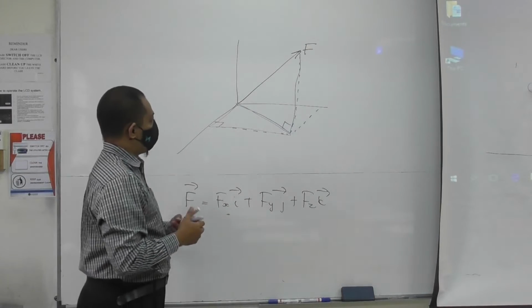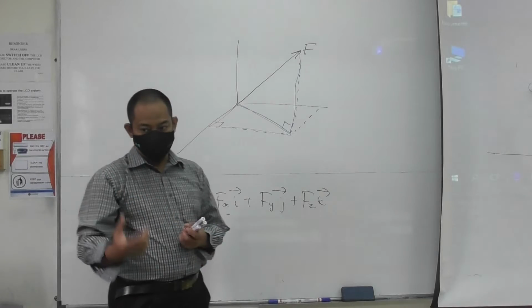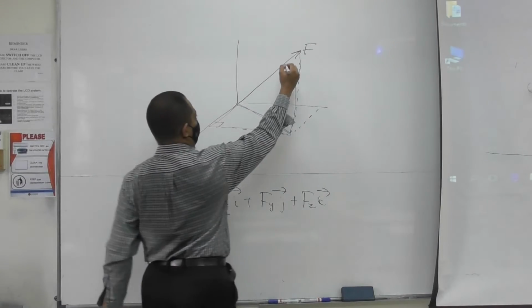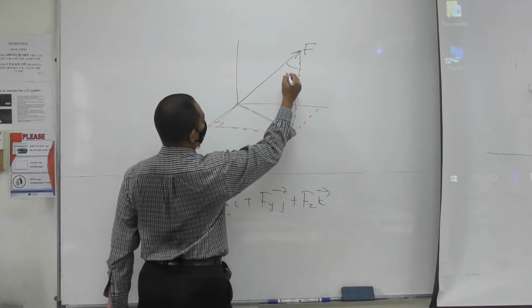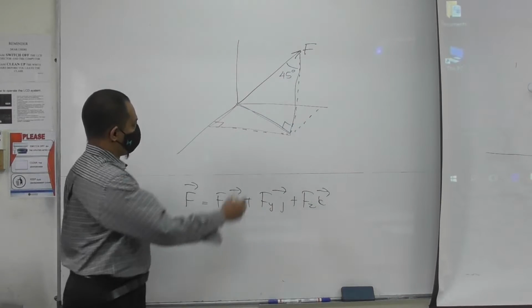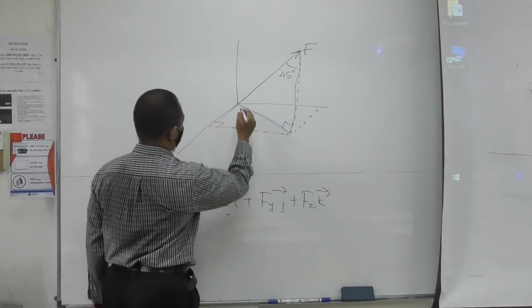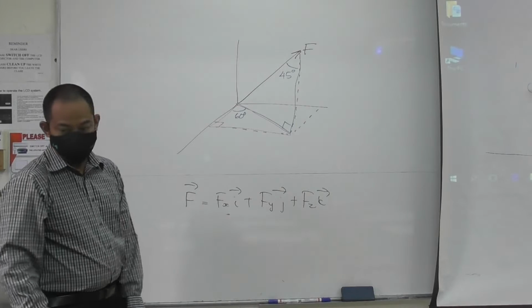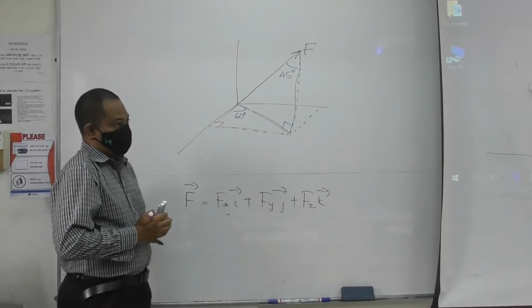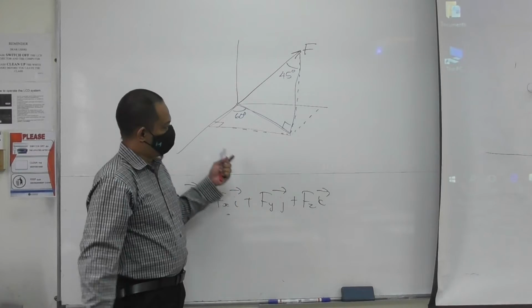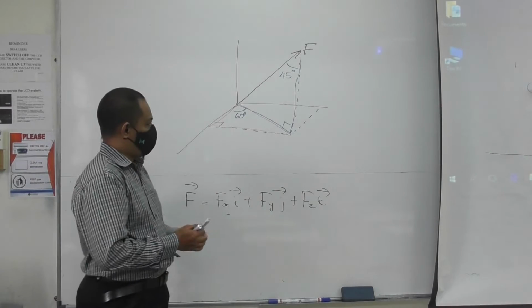Now, let's say we have two angles. Let's say this is 45 degrees, and this is 60 degrees.